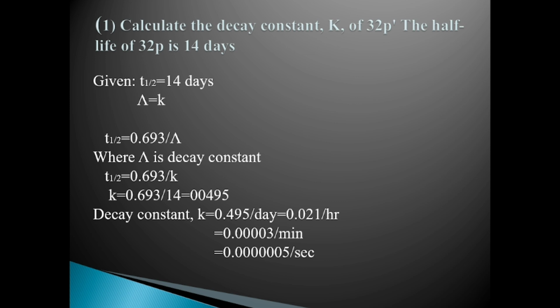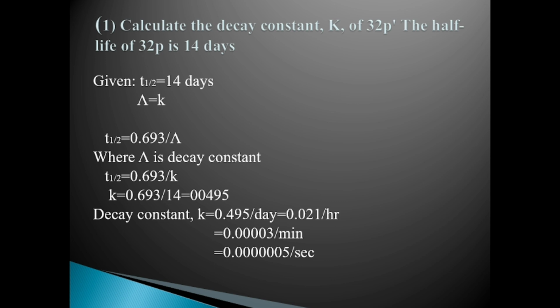There are many problems related to the half-life. Calculate the decay constant K of phosphorus-32. The half-life of phosphorus-32 is 14 days. Half-life is given, T half = 14 days. Lambda equals K. The formula of half-life is T half = 0.693/λ, where λ is the decay constant.